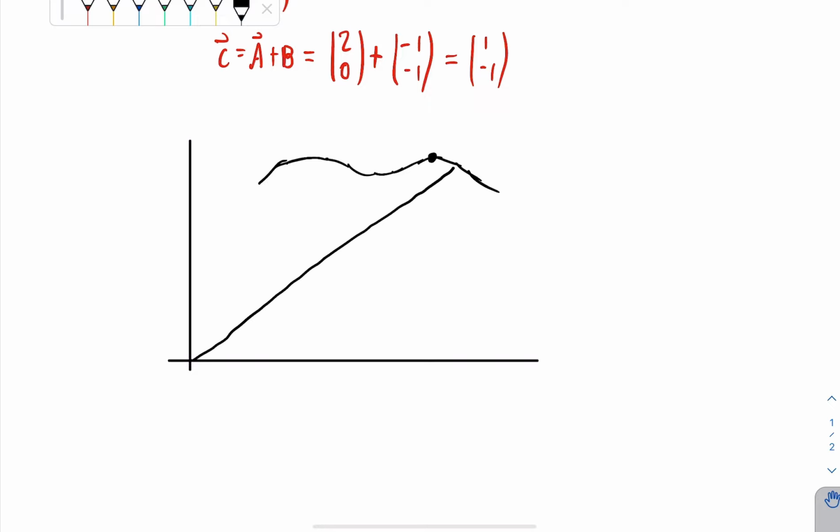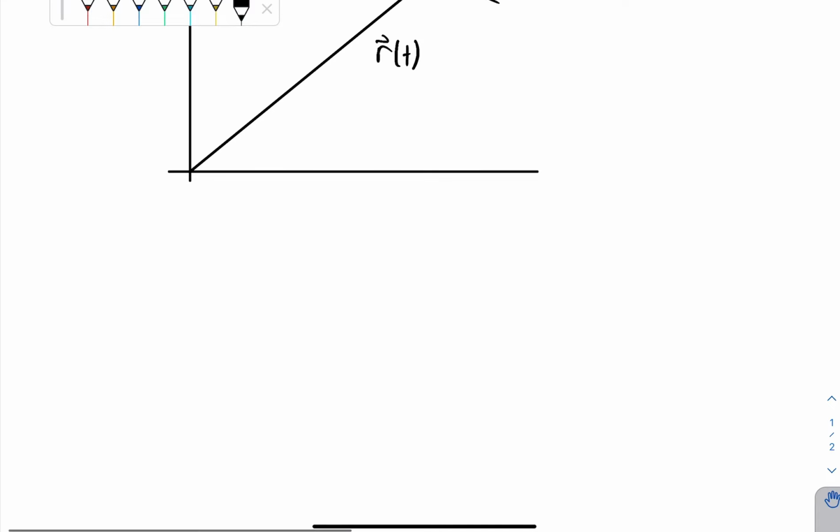And I can define it from the origin as a vector at each point in time. We define this vector r of t. Now, r of t can be defined by its components. r of t equals x of t and y of t.